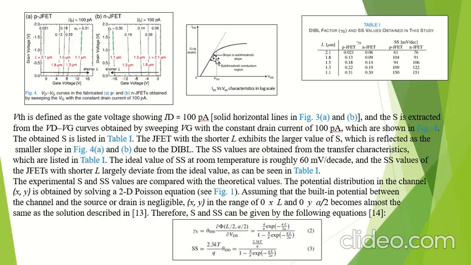This subthreshold slope is ideally 60 millivolts per decade, but when the channel length is decreased, the subthreshold slope shows a drastic increase, which is plotted in the table. Similarly, the DIBL factor also shows variations when the channel length is decreased.